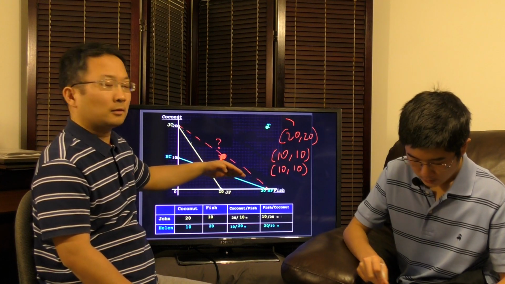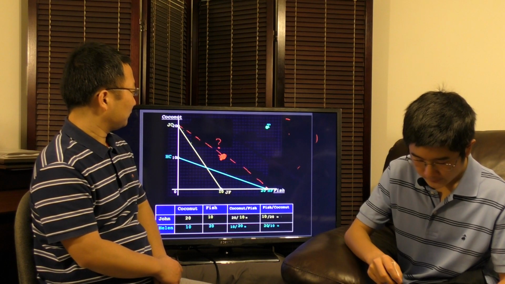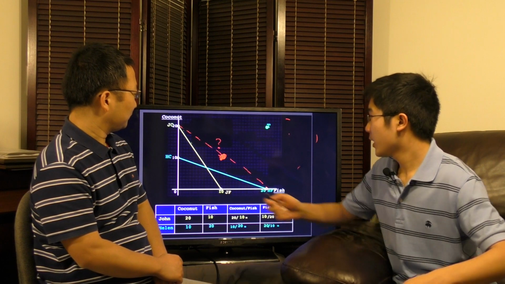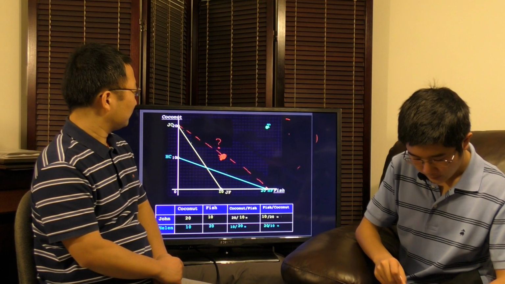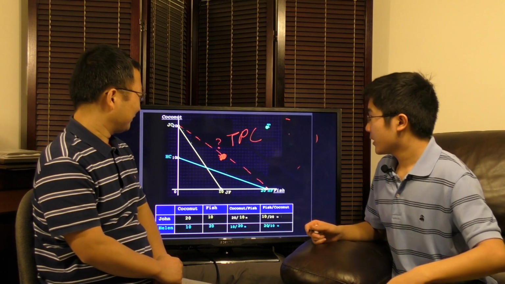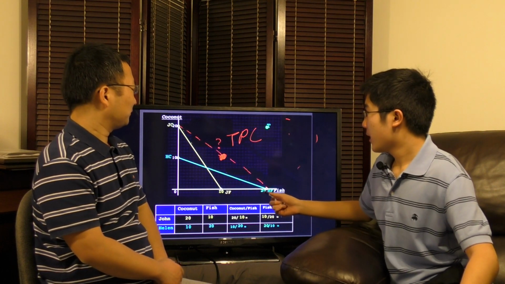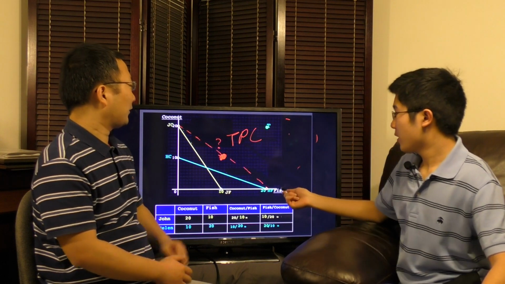So as Michael mentioned, trade possibility curves. With our previous example of 10 fish and 10 coconuts, this leads us to the trade possibility curve, which is right here, the red dotted line. We call that TPC. Basically, they can both produce up to 20 coconuts and 20 fish together, and they can both consume anywhere between those two examples.